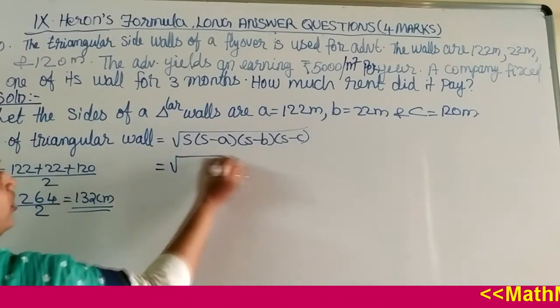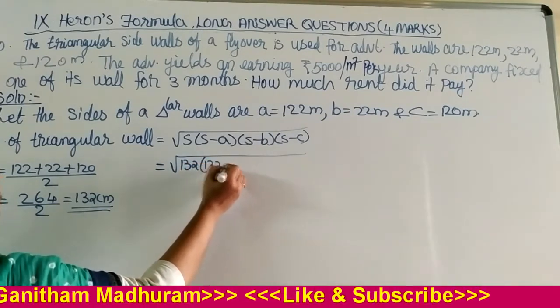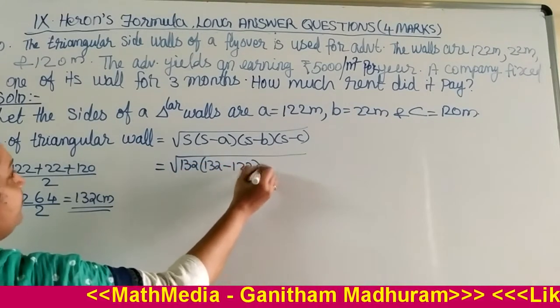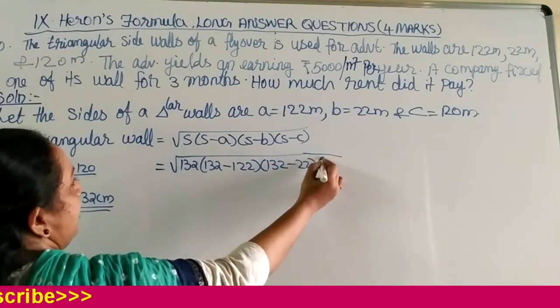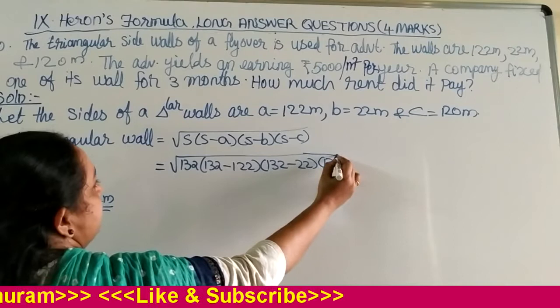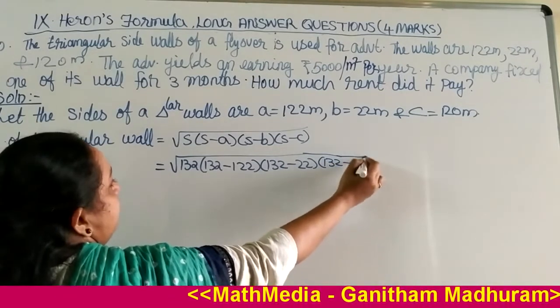Substitute the values over here: 132 into 132 minus 122, 132 minus 22, 132 minus the third side, 120.